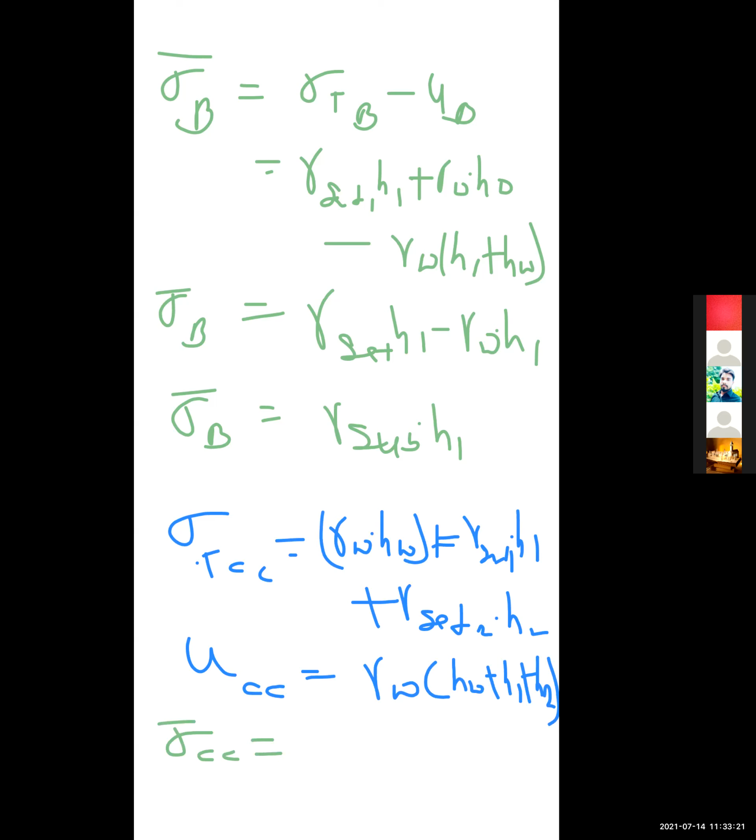So what is the effective stress at C? That is sigma T at C minus UC. What is the value?